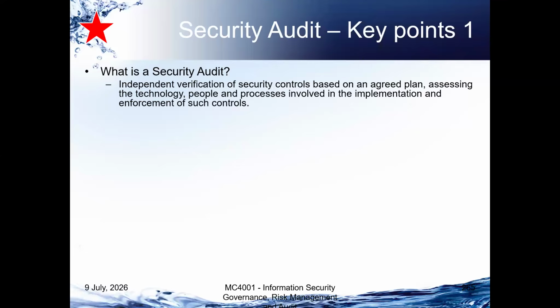If Tharindu is doing a check on his own security controls, can you call it an audit? Is it an independent audit? Anyone? Can we call it internal audit or something like that? Yeah, no. Can you call it an independent audit?